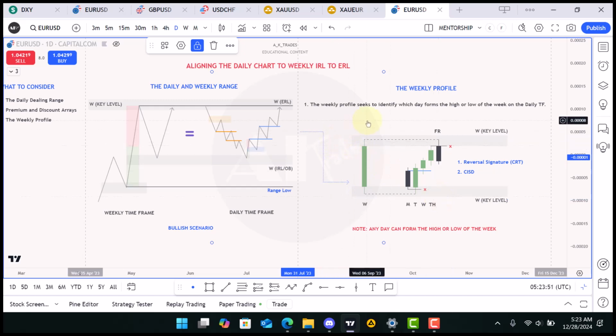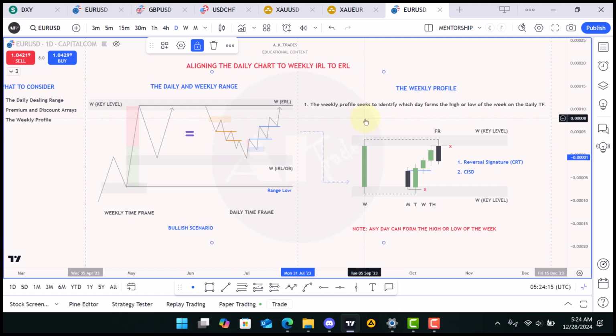This is going to take us to the weekly profile. And the weekly profile seeks to identify which day forms the high or low of the week on the daily chart. So remember, we don't know what the weekly candle is going to be. We are unsure.